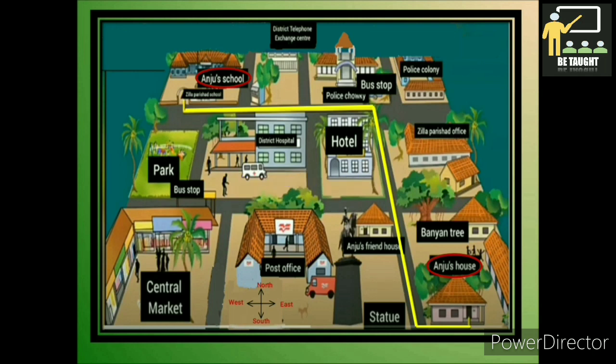Mention the directions in which Anju must turn on the way to school. She must turn on her way to school in the west direction.